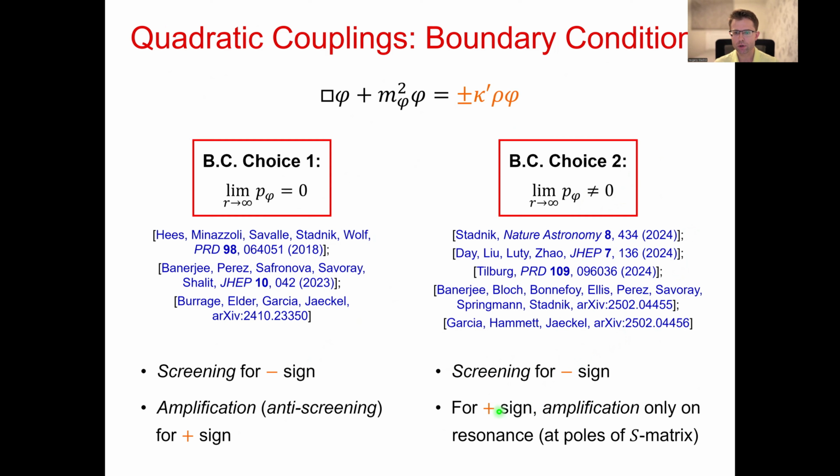And if we consider the positive sign for phi-squared interactions, it is possible to have amplification in this case, but only if we are on resonance or very close to resonance. In other words, if we consider the dark matter waves as scattering off of this massive body, then strong amplification only occurs at or near the poles of the scattering or S matrix.